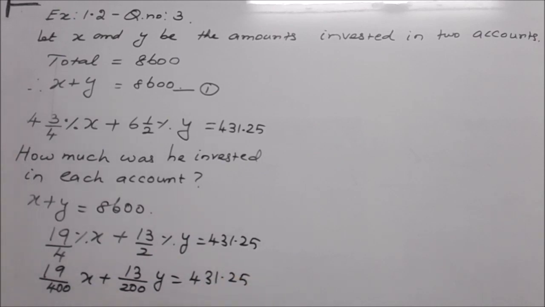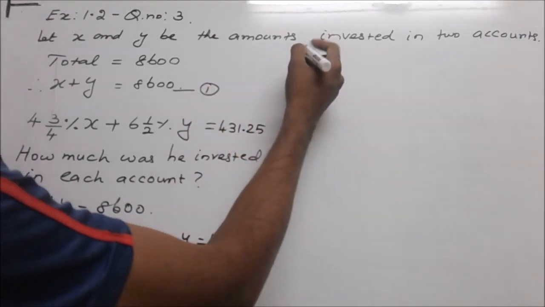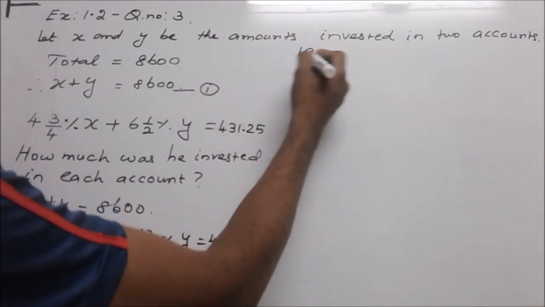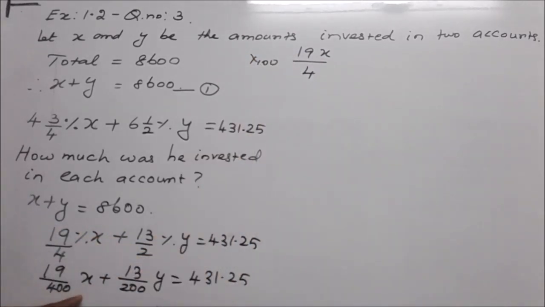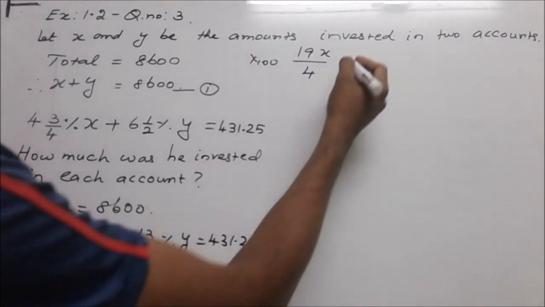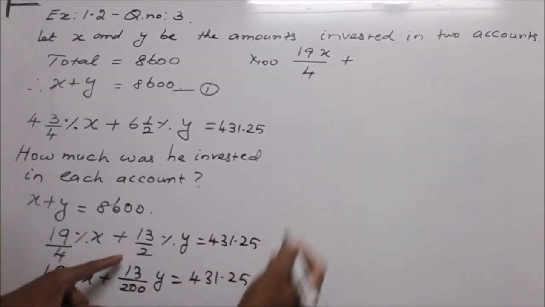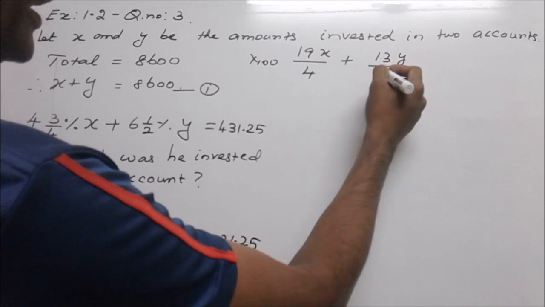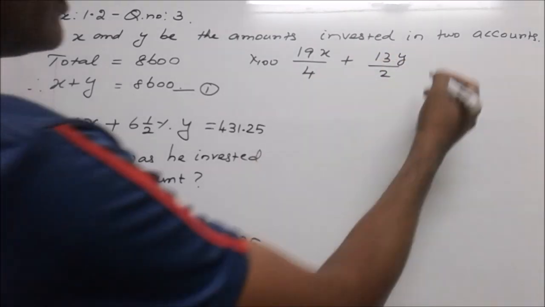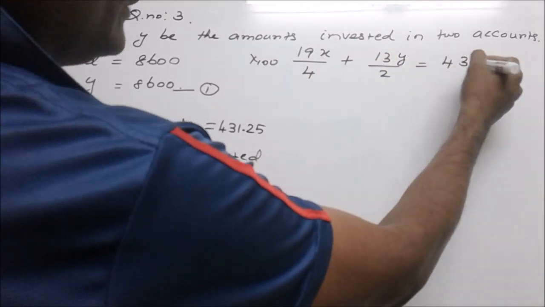Now multiply by 100 first, we get 19x/4 plus 13y/2 equal to 43125.